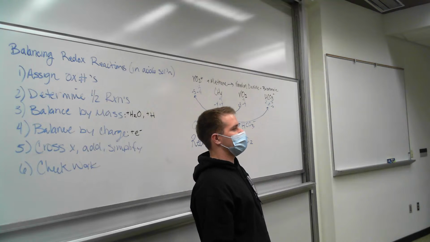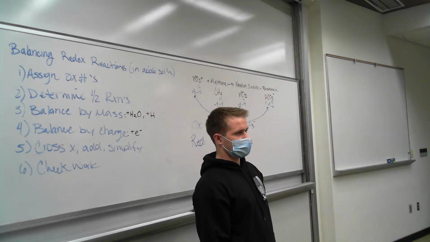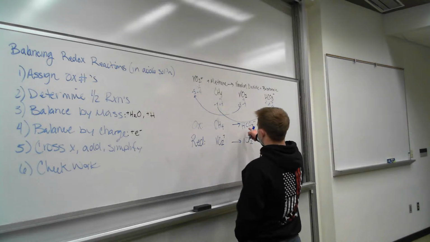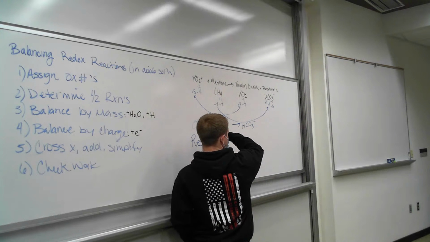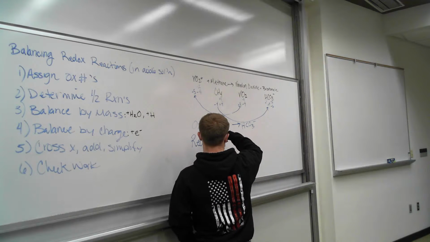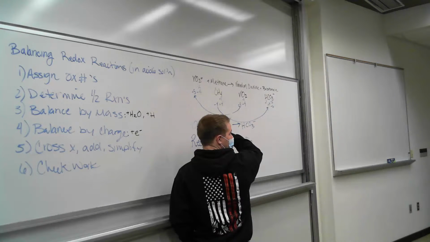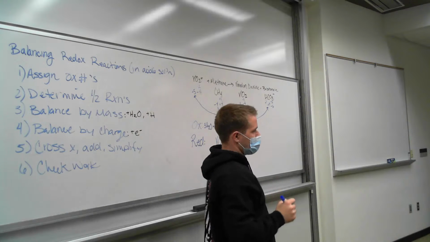Because we can add hydrogen without affecting the quantities of any other element in the reaction. So we've got CH4 and HCO3, so we need 3 more oxygens over here, and how do we add oxygen? With water. So we're going to add 3 H2O.